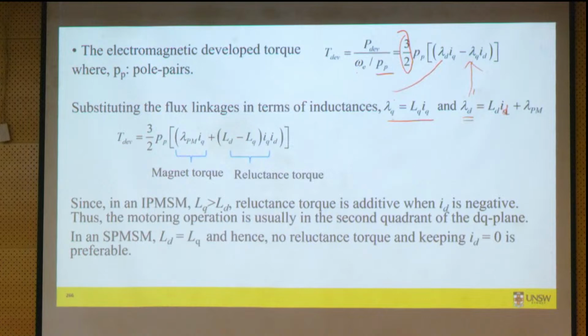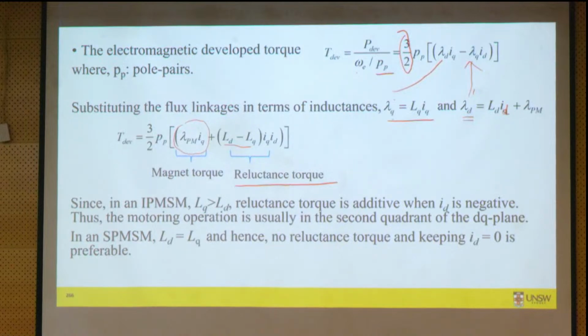The first part is related to the magnet only, so we call it magnet torque, and the second part is due to the difference in saliency in the D and Q axis, represented by the LD and LQ difference. So that's the reluctance torque, difference in reluctance, right? And that is the torque equation.